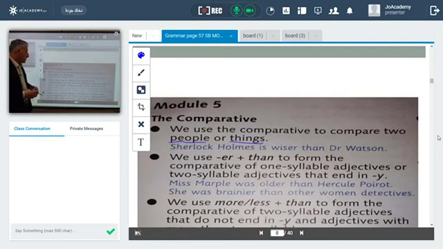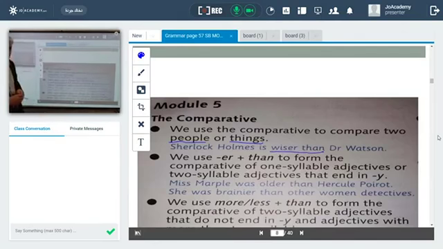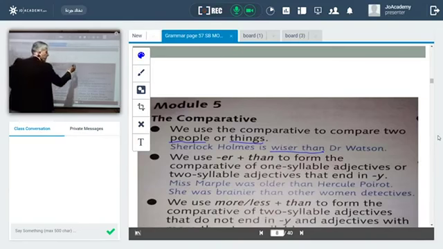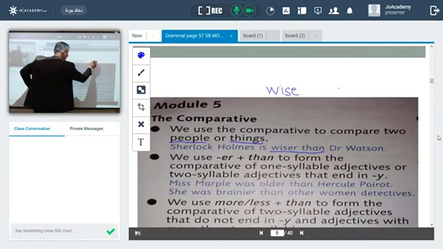So we have here, Sherlock Holmes is wiser than Dr. Watson. He is wiser than. Wiser from the adjective wise. Wise, if I want to write in Arabic, means Hakim.